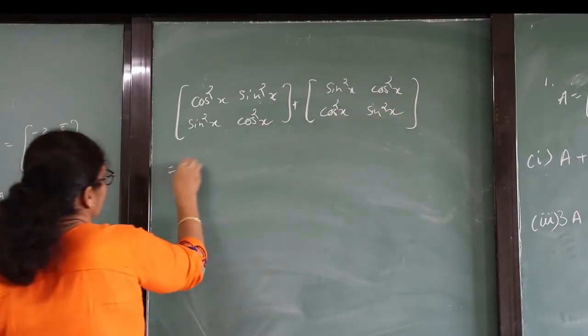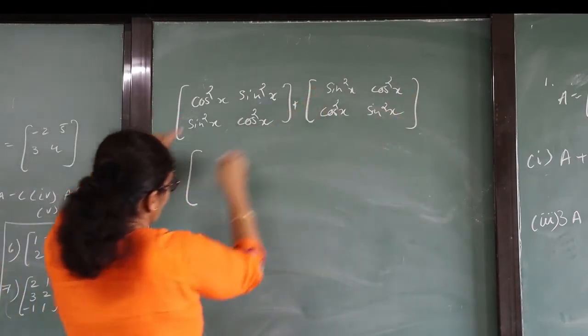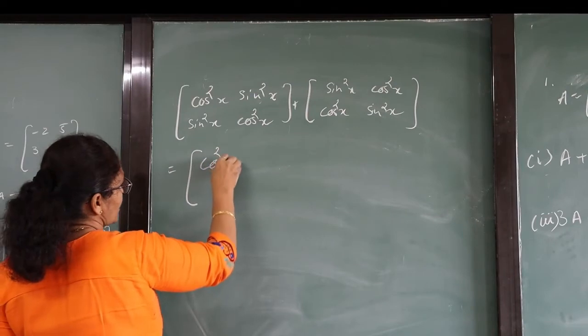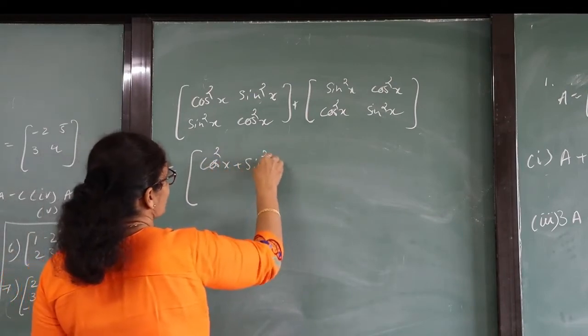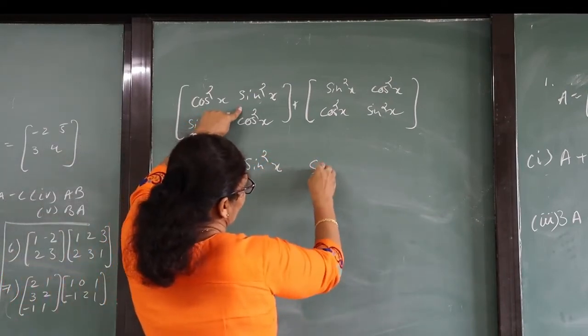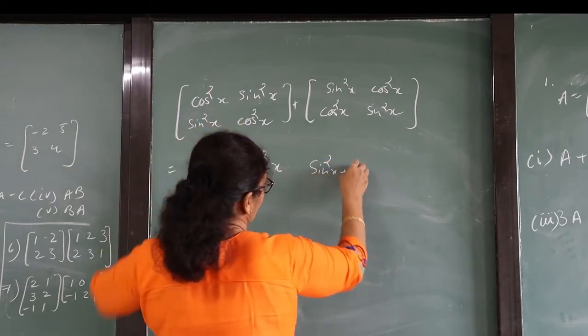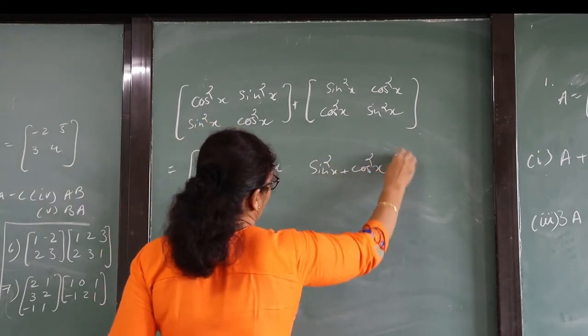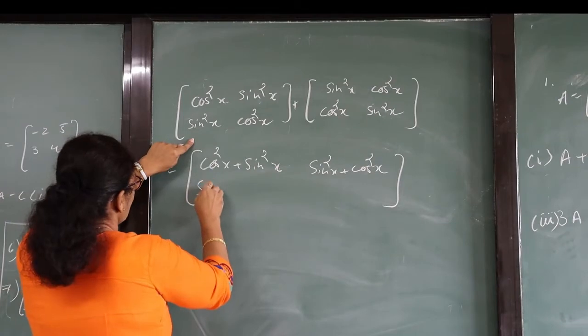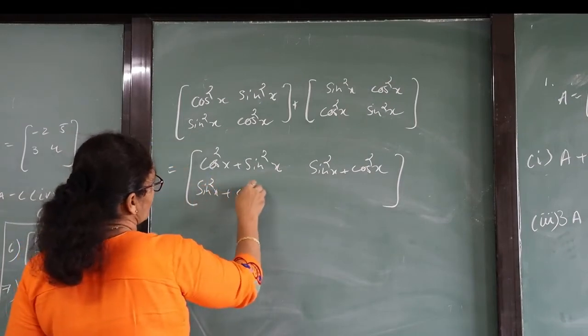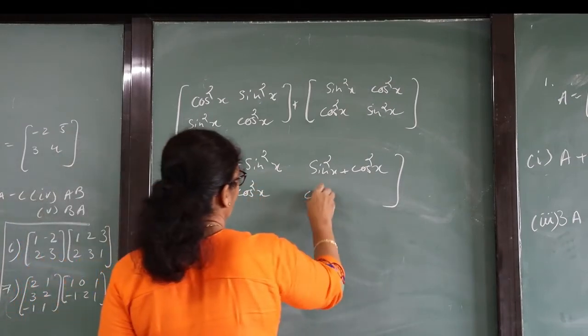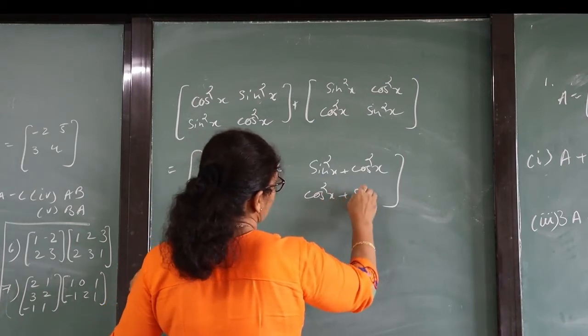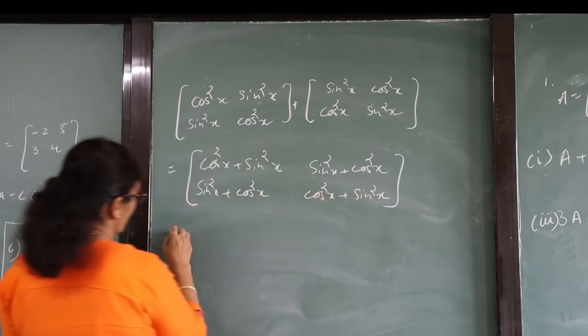Now when you add it, the first term will be added with the first, means cos square x plus sin square x. Similarly, the second term will be sin square x plus cos square x. The third term will be sin square x plus cos square x, and the fourth will be cos square x plus sin square x. Now let's check it.